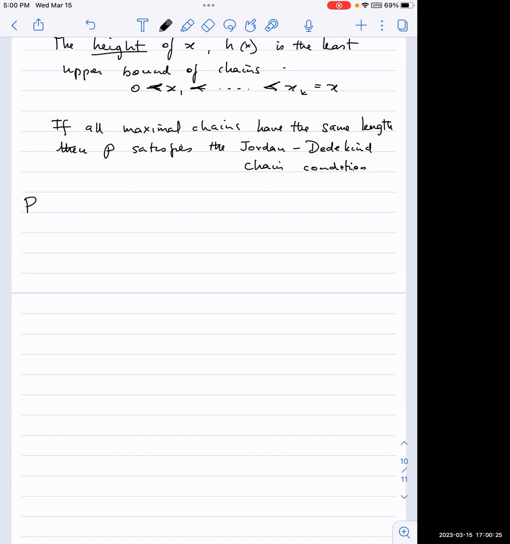So, last proposition of the day: L is semi-modular, right?